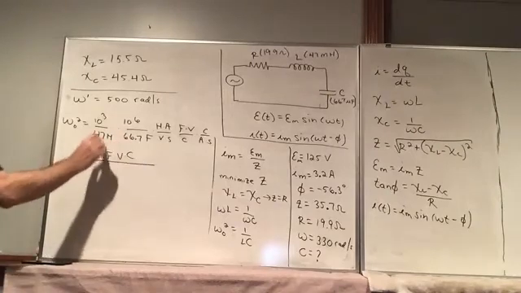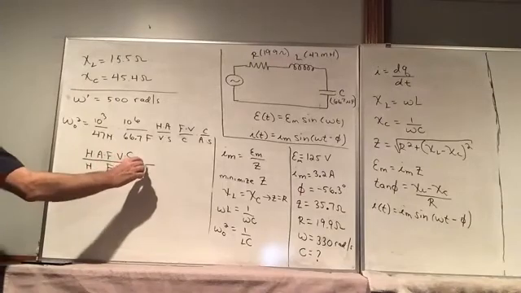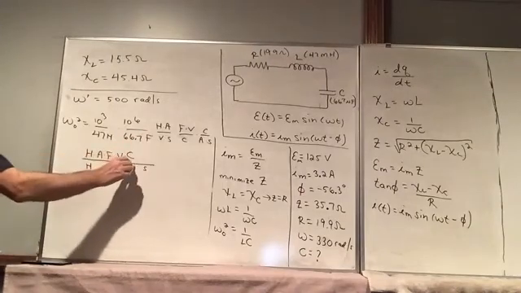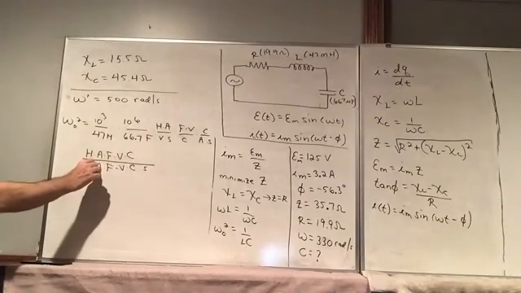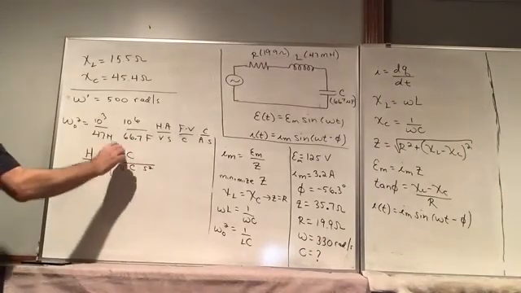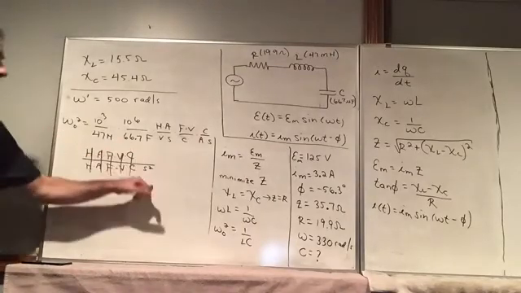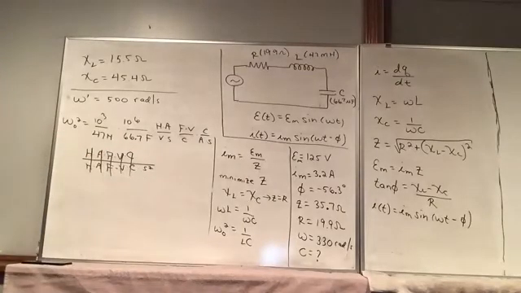On bottom, we have henries, farads, volts, seconds, coulombs, amps, and seconds. So we get inverse seconds squared, then we take the square root, we'll have inverse seconds, or radians per second. So let's multiply these numbers on the bottom.